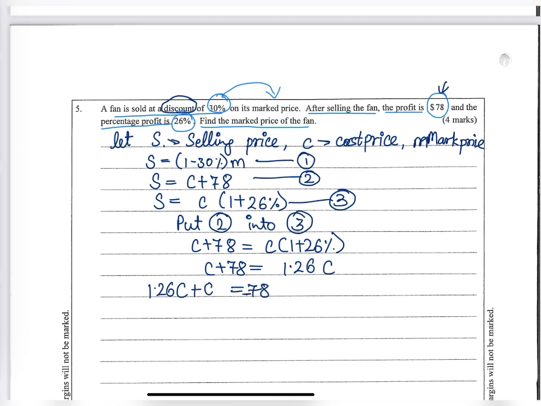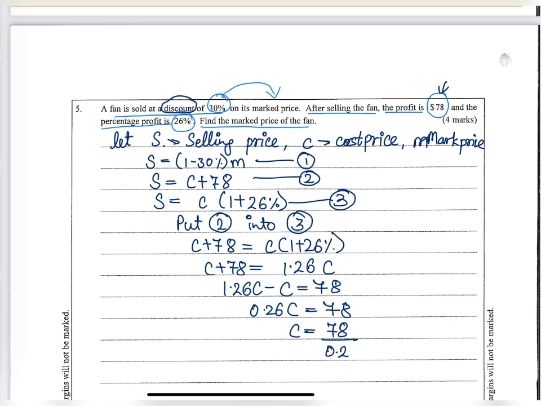So 1.26 C minus C is equal to 78, which is 0.26 C is equal to 78. So C is equal to 78 over 0.26. 78 divided by 0.26 is 300. So the cost price is $300.